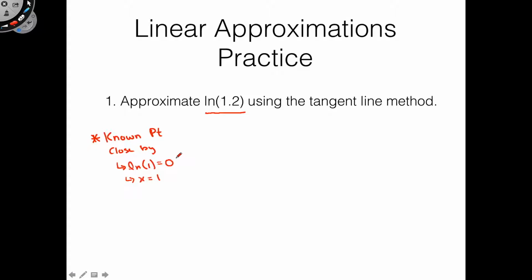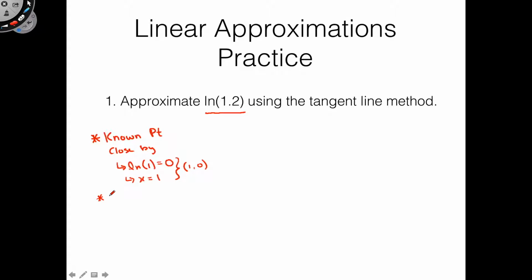This also gives us a known coordinate of this line, which is (1, 0). That's not useful to us right now, but it will be when we have to write the equation for our tangent line.